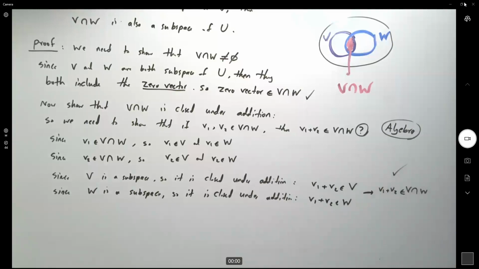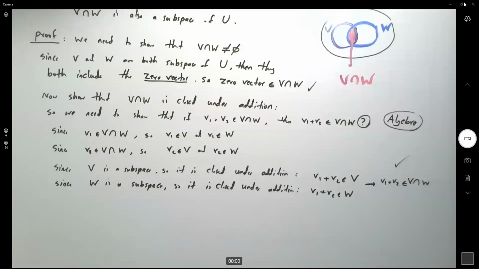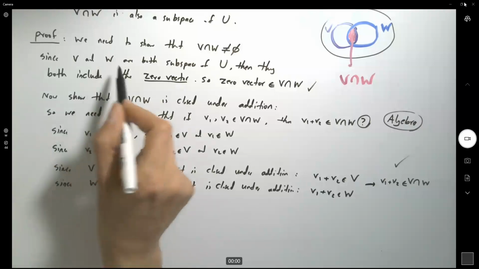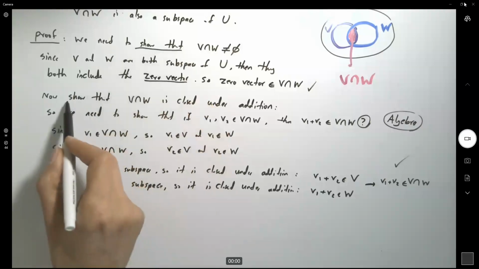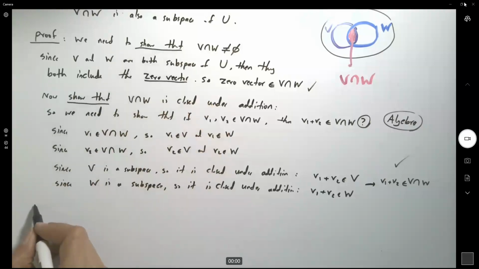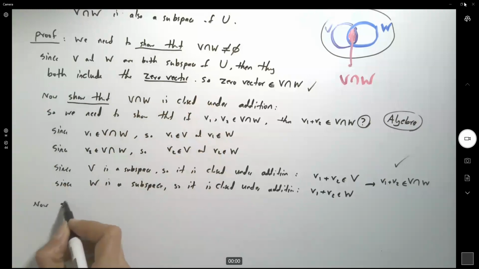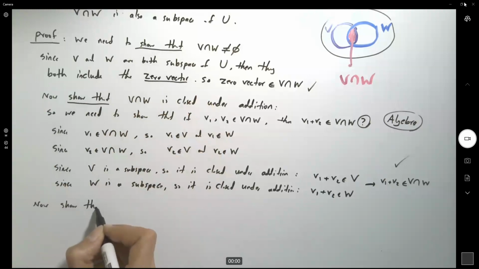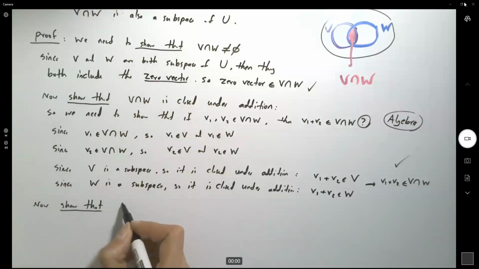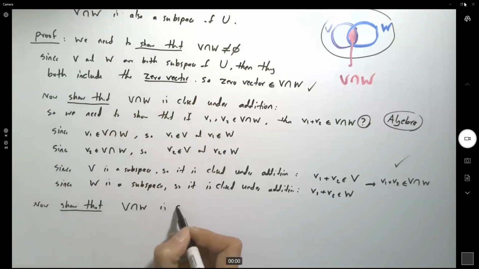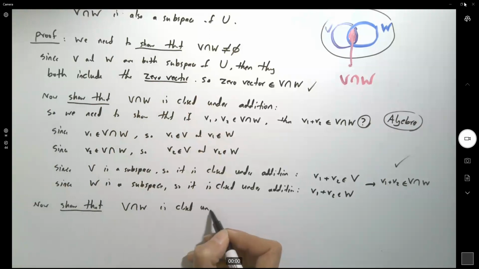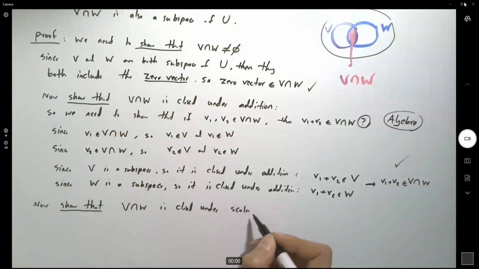Scalar multiplication is also easy as well. So now we show that the intersection is closed under scalar multiplication.